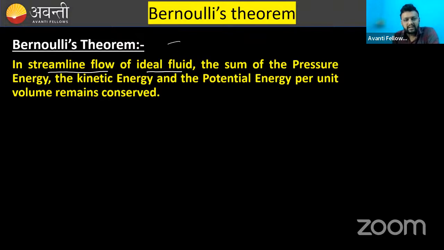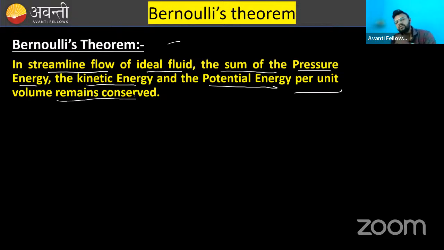In some non-ideal cases, we can also use it, but don't go with that. The sum of the pressure energy, kinetic energy, and the potential energy per unit volume remains conserved. This is the statement of Bernoulli's theorem.